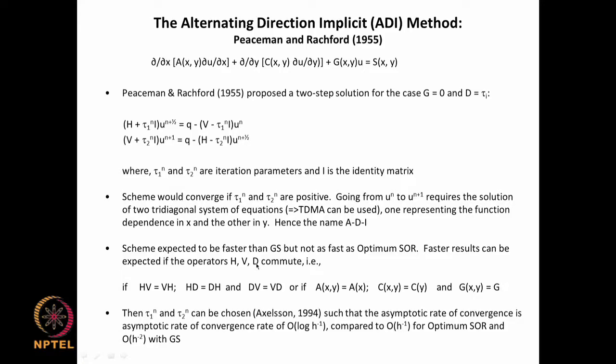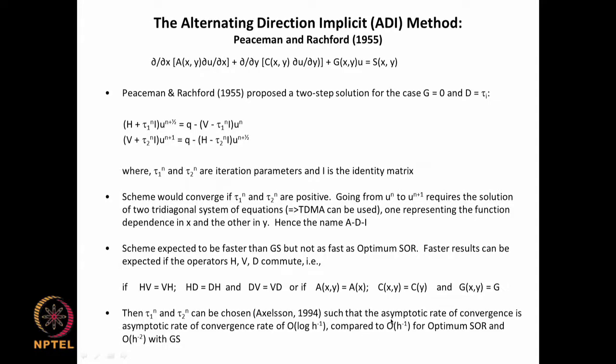And in this condition, when you have this kind of commutativity of the H, V, D operators, or if you have your equation in which a is a function of x only and c is a function of y only and g is constant, then in such a case it is possible to generate a series of numbers tau 1 and tau 2 such that you have an asymptotic rate of convergence which is of the order of log h inverse, compared to h inverse.